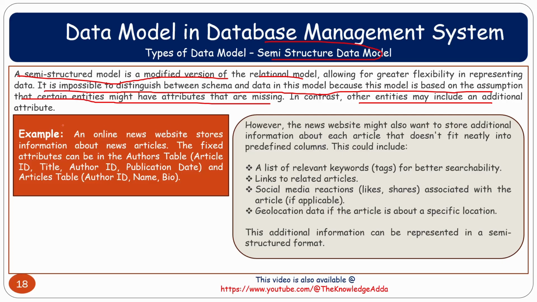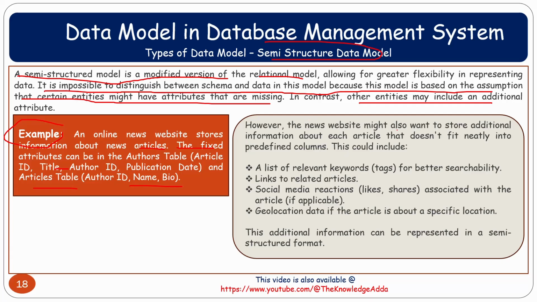Let's take an example to understand what the semi-structured data model means. An online news website stores information about news articles. The fixed attributes can be in the author table: author ID, publication date, and in the article table, bio.